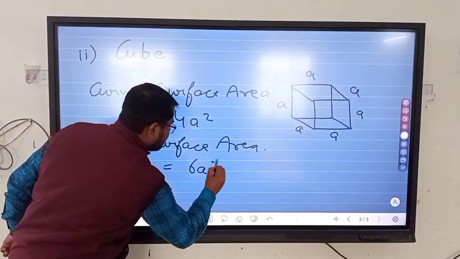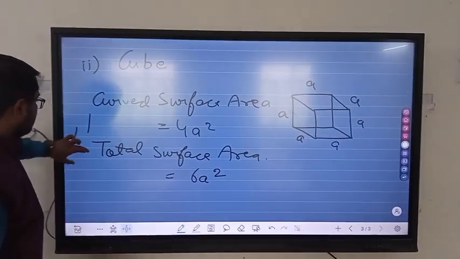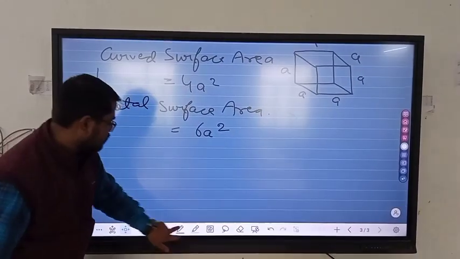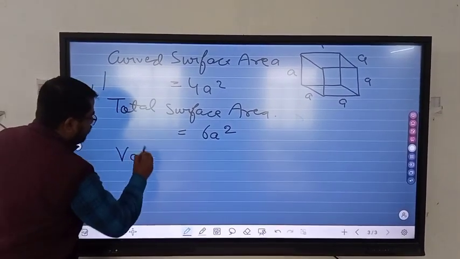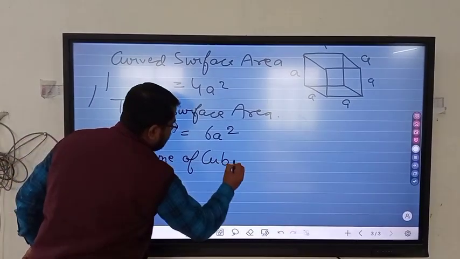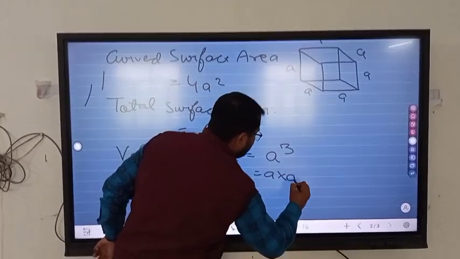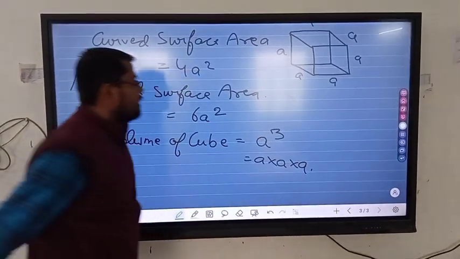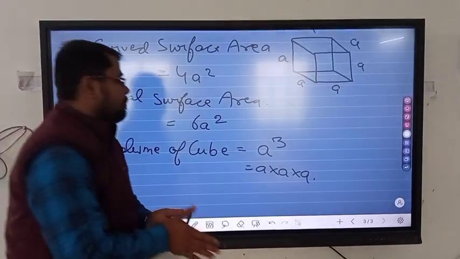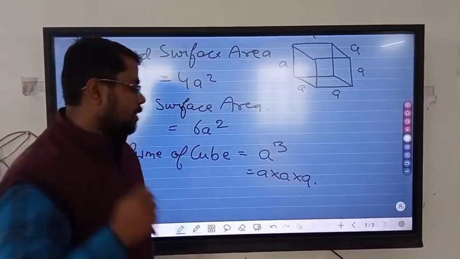So this is 6A square. Okay. Volume of cube is equal to A cube, means A into A into A. This is your curved surface area, total surface area, and volume of the cube and cuboid.